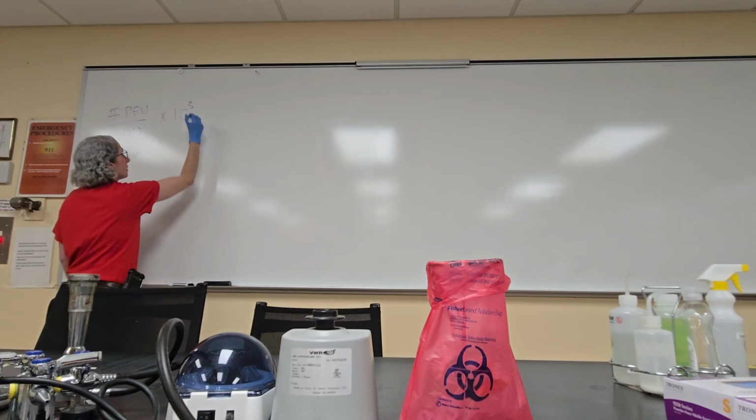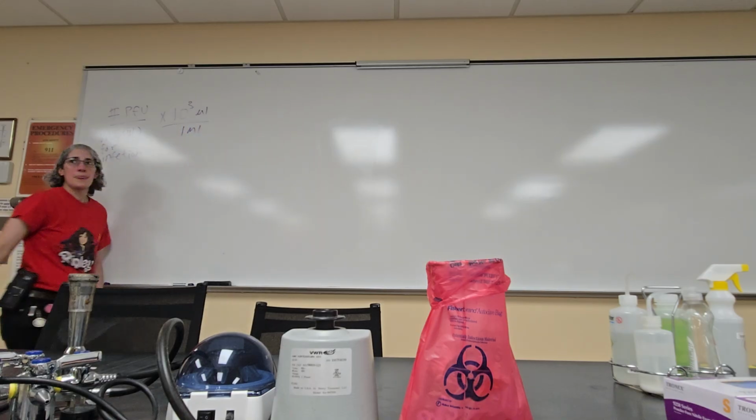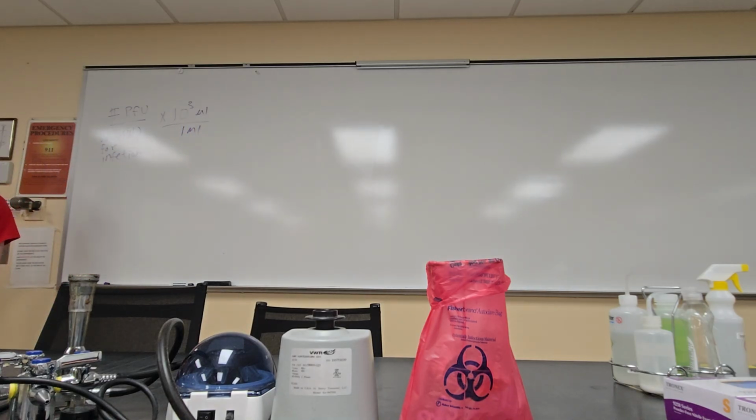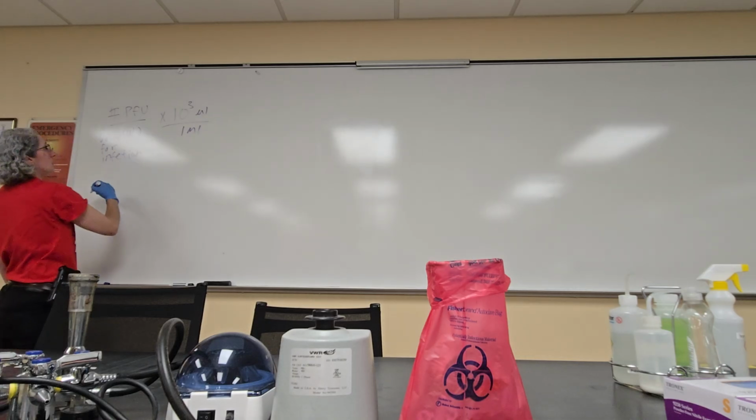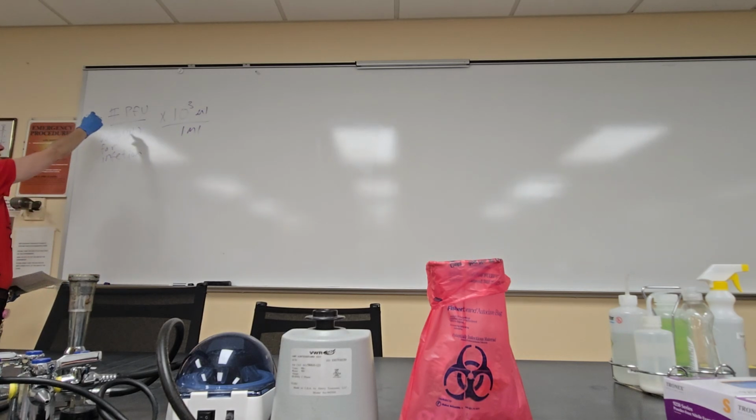Because we're going to cancel out that unit, per mil. So that's our conversion factor for that. So we're going to cancel these out here, and that should leave you with your PFU per mil.